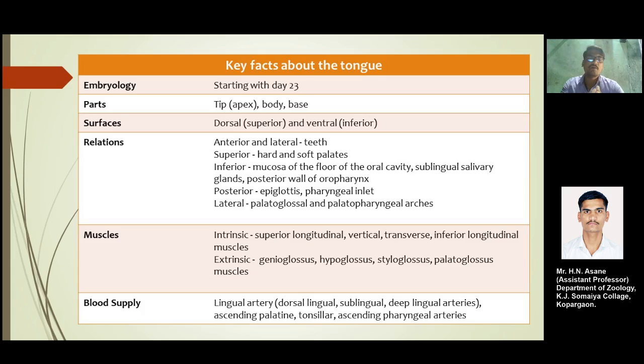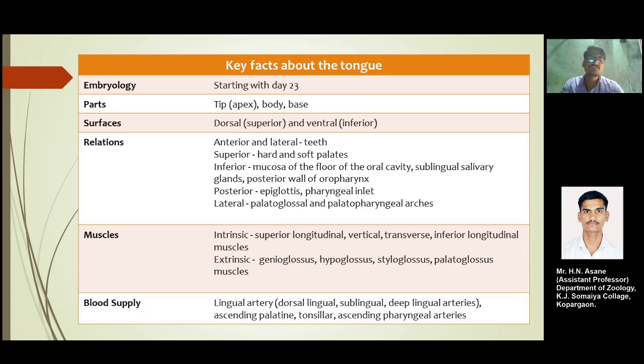So by the anterior and lateral sides, the tongue has relations with the teeth. The superior part has the hard and soft palates. The inferior part has a relation with the mucosa of the floor of the oral cavity, that is, the sublingual salivary glands, and the posterior wall of the oropharynx.